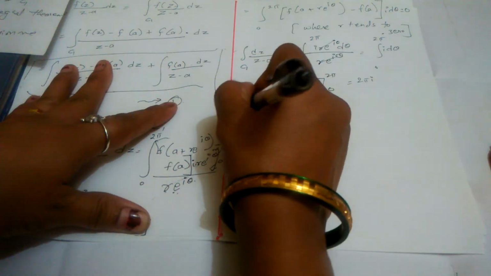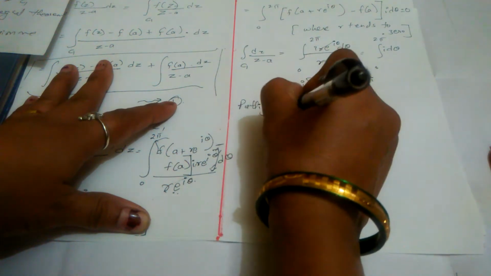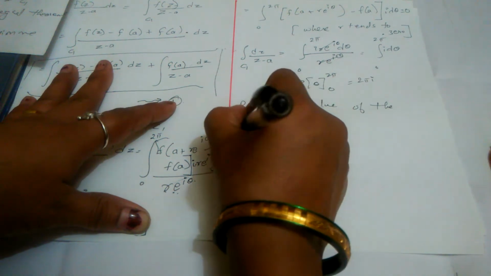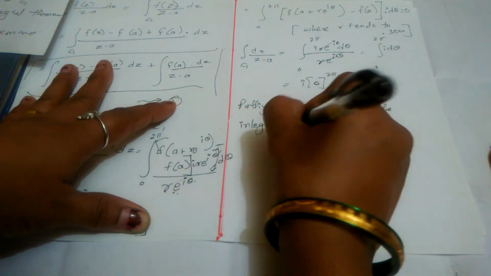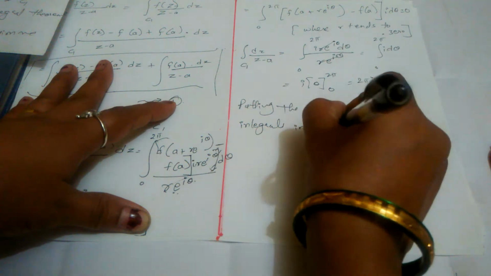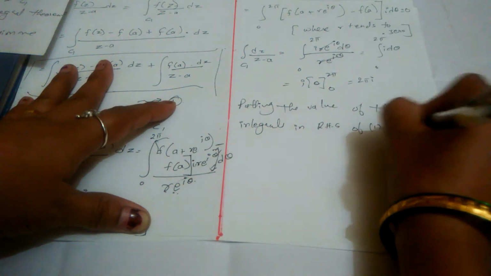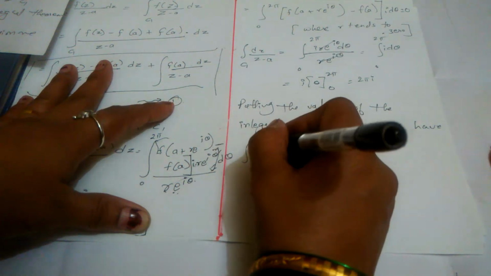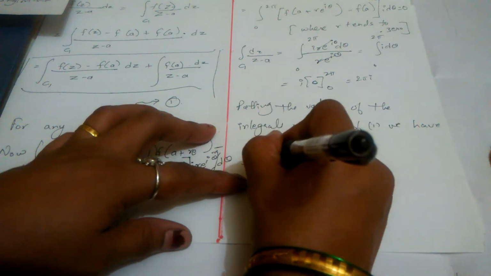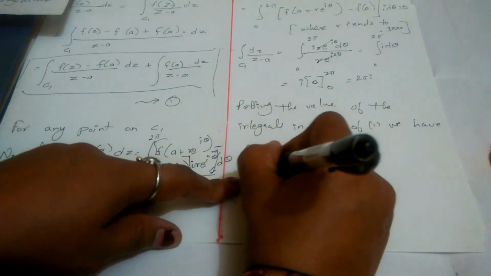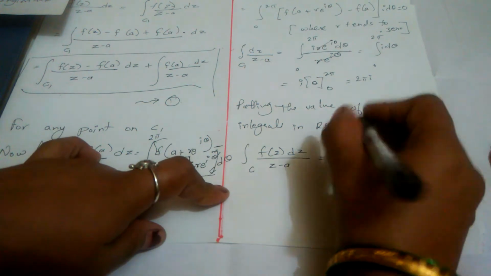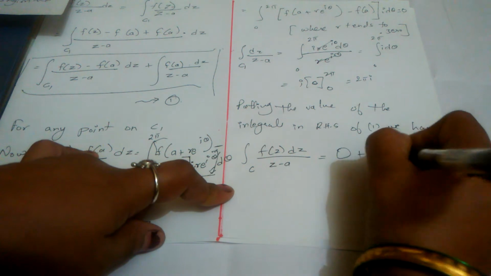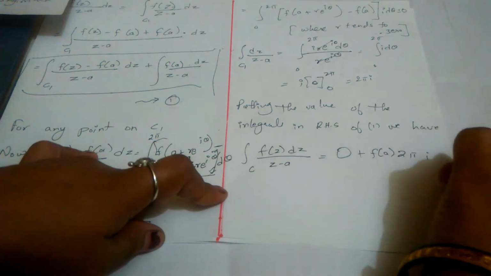So putting the value of the integrals in RHS of 1, we have integral c f of z dz upon z minus a, which is equals to the first part, this is 0 plus f of a into 2 pi i.